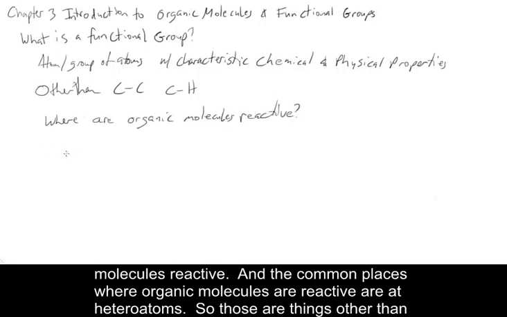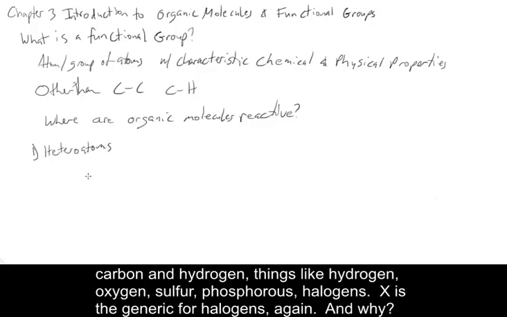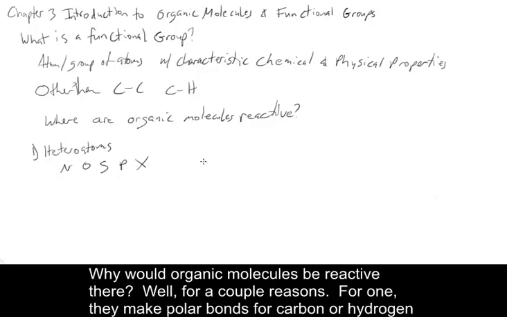And the common places where organic molecules are reactive are at heteroatoms, so those are things other than carbon and hydrogen, things like nitrogen, oxygen, sulfur, phosphorus, halogens. X is the generic for halogens again. And why would organic molecules be reactive there? Well, for a couple reasons.